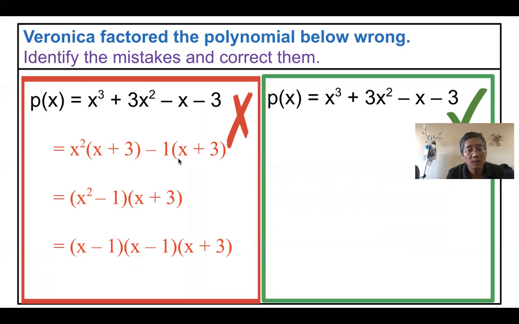Then you have a common factor here, x plus 3. It's okay, you change the order, because it's multiplication. If you change the order, what? Commutative property, right? So x plus 3 is a common factor here, but in the other factor, what do you do? X squared minus 1 comes here.